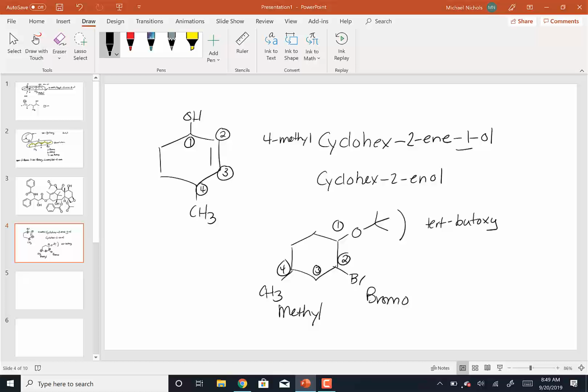No. So this would be 2-bromo-1-tert-butoxy-4-methylcyclohexane would be its name. And again, the tert-butoxy is alphabetized on the B because the tert is hyphenated.